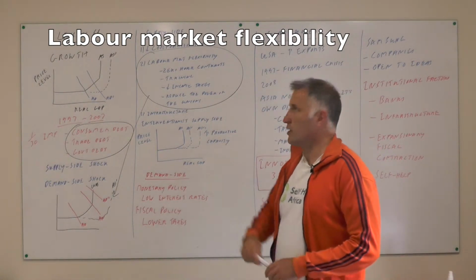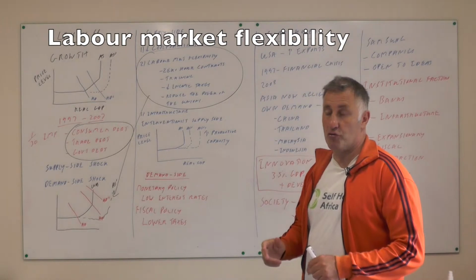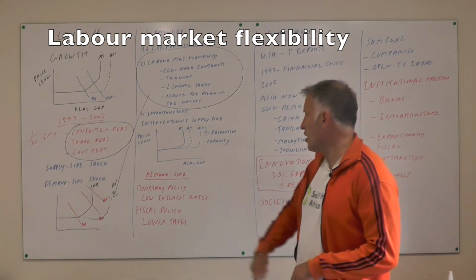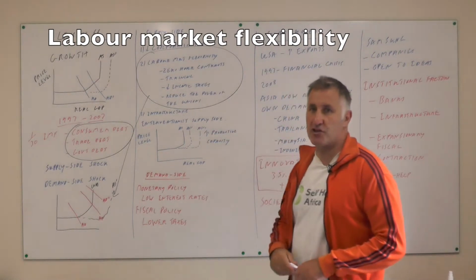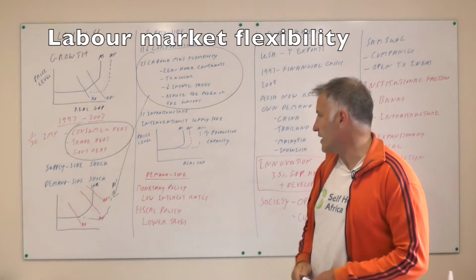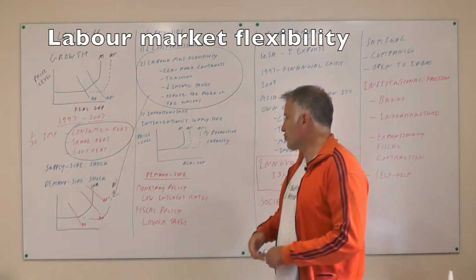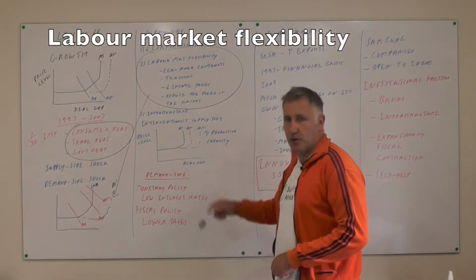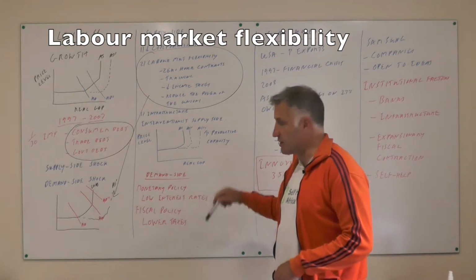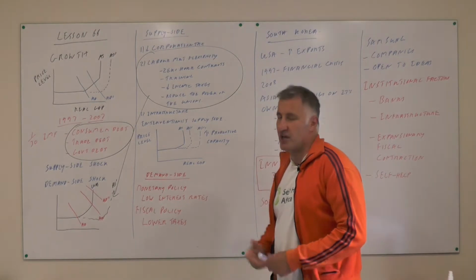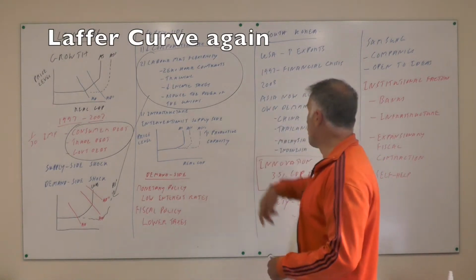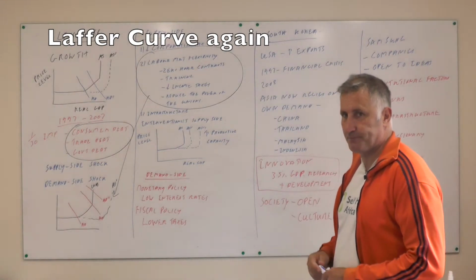If you increase labour market flexibility, you're increasing opportunities for workers on an individual level, but at the same time, with something like zero-hour contracts, you may actually be reducing their income, so it creates a greater inequality of income. And it's quite easy to do on the demand side. We can also increase AD either through monetary policy, lower interest rates, the transmission mechanism, or we can use fiscal policy, lower taxes, and then we can bring in the Laffer curve again. So we've really got quite a nice essay.